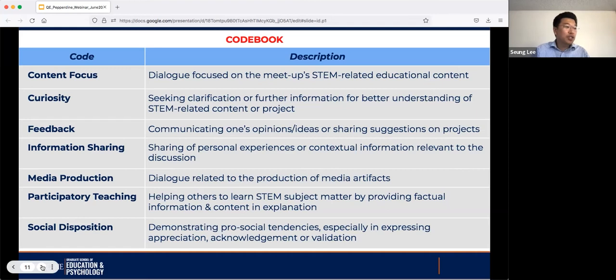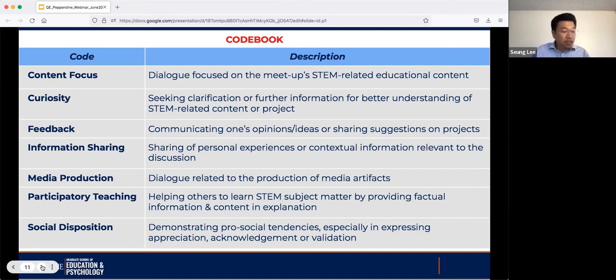We have information sharing. You can already see, when we're analyzing, we say info sharing instead of information sharing. But whenever they're sharing their own experiences or providing contextual information. And we have media production when they're talking about anything related to producing media artifacts. Participatory teaching, it's a very important code in our analysis, is when students help other students learn STEM topics.